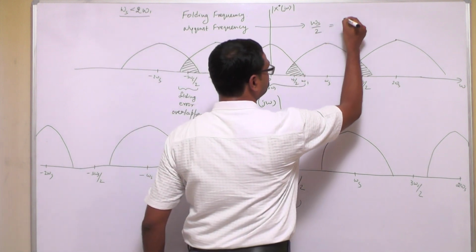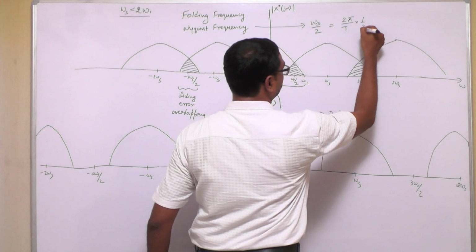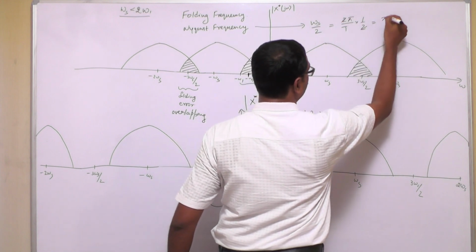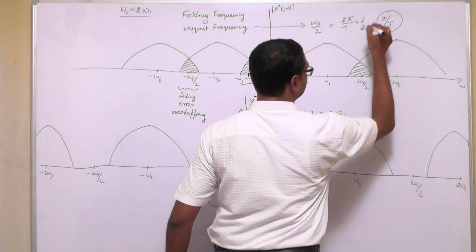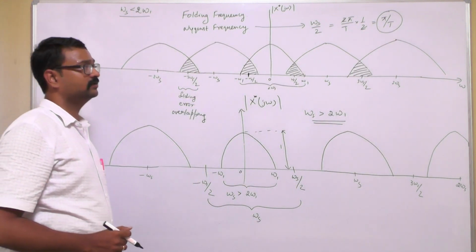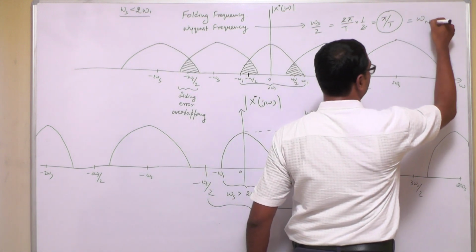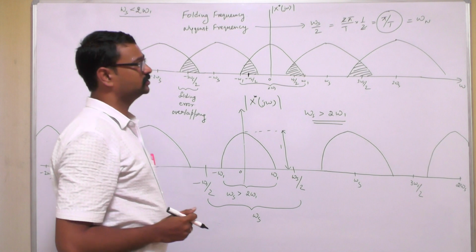What is omega s for us? Omega s is 2 pi by T, so omega s by 2 is pi by T, where T is the sampling period. That is called the folding frequency or Nyquist frequency, and it is represented as omega n. So omega n is equal to pi by T.